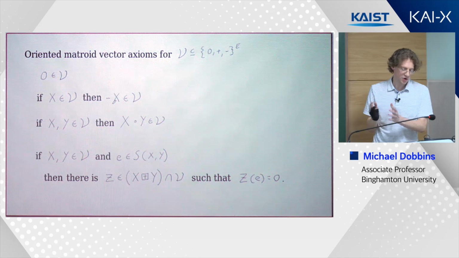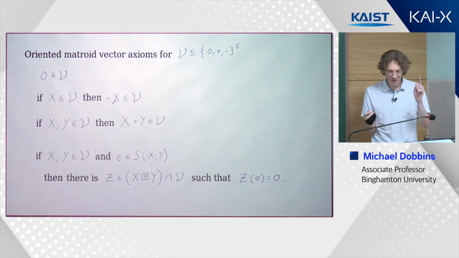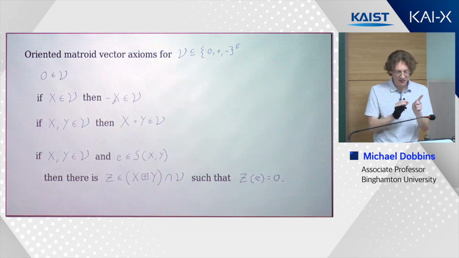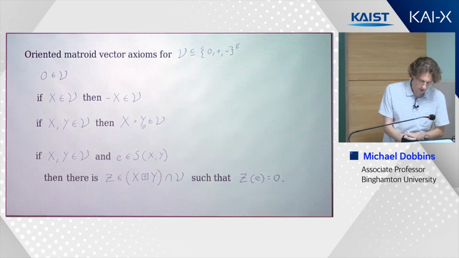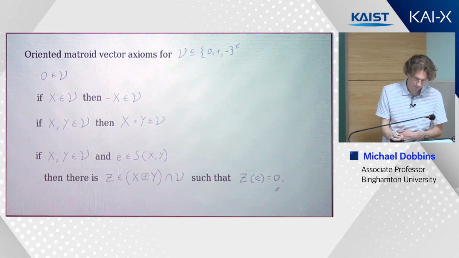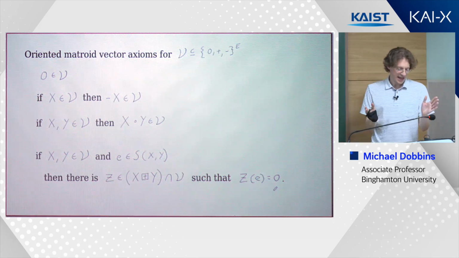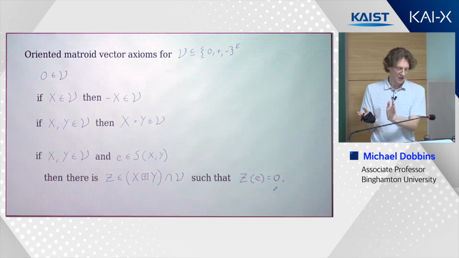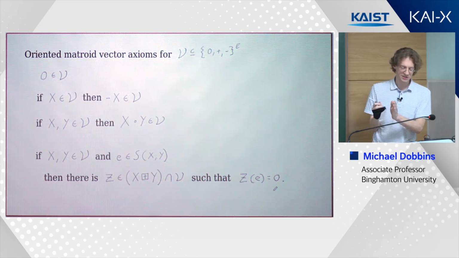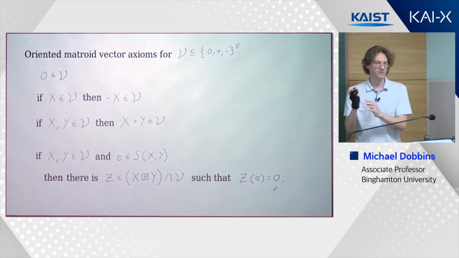And then we can think, if we add two vectors, what should we get? Well, if we add two vectors, we don't know what signs we're going to get for the coordinates. But if we make one of the vectors really big and we add just a tiny epsilon to the other vector, then we should get that in our vector space. So it's closed under composition is one of the axioms. And the last axiom you can understand as if you pick two vectors and let's say those two vectors differ in some coordinate, right? They're on opposite sides of some coordinate hyperplane, then you should be able to find some other vector in that hyperplane which is a positive linear combination of those two vectors.